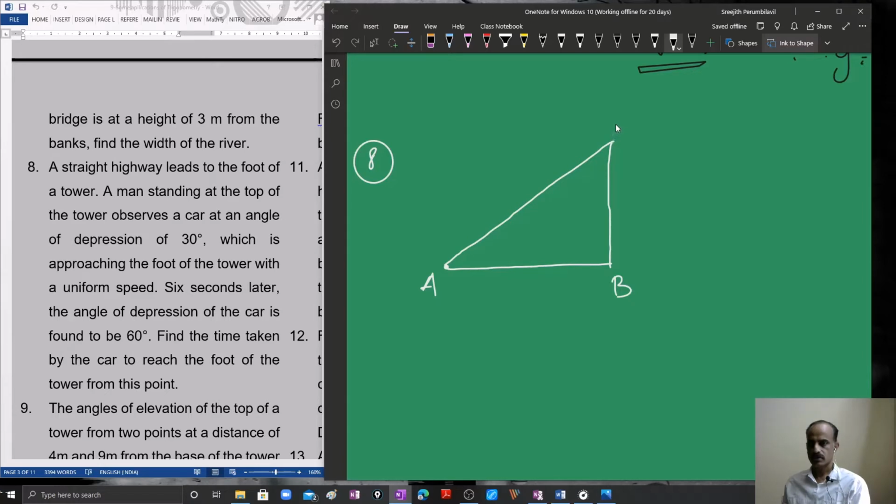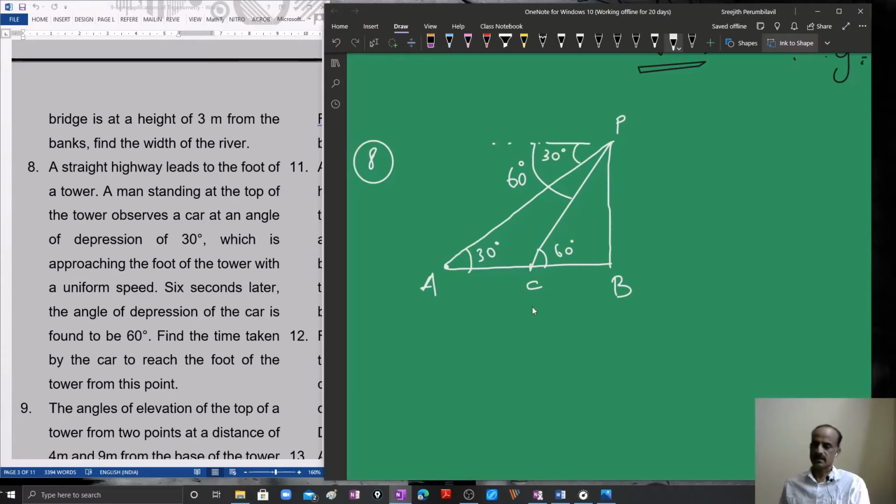P is the position of the man, the observer. The angle of depression is 30 degrees, and the car is approaching the foot of the tower with a uniform speed. 6 seconds later, the angle of depression of the car is found to be 60 degrees. So this is 30 degrees, this is 60 degrees.